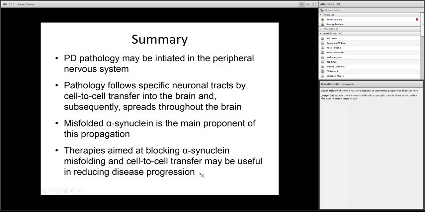What we'd really like to have is a treatment that we can use at any stage of the disease, obviously. But as in most diseases, the earlier we treat them, the better the treatment would work. And in the case of any neurodegenerative disease, I think that will be a truism. And I'm going to end there, and I'll be happy to take any questions.